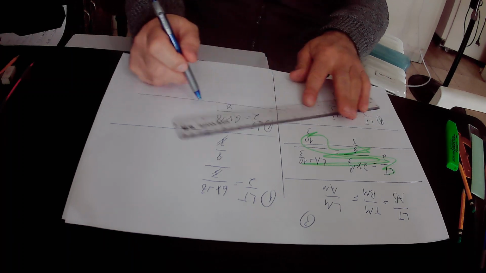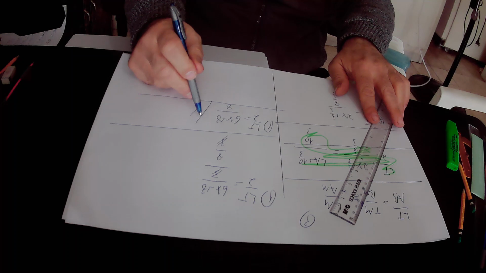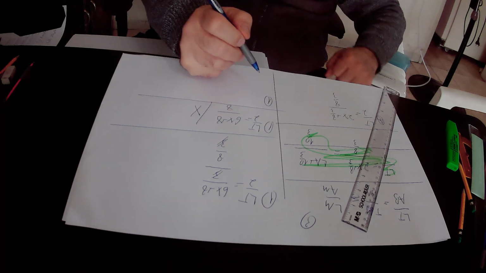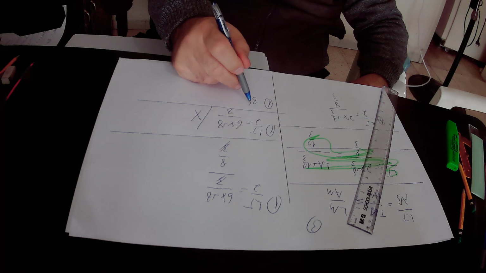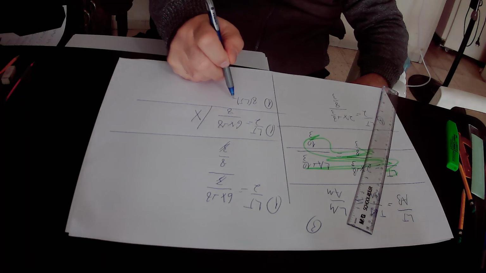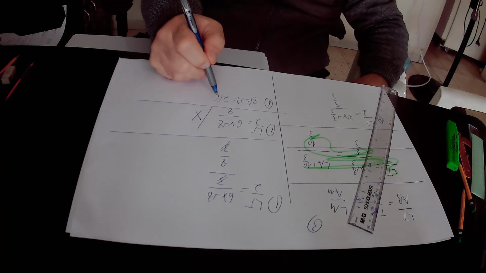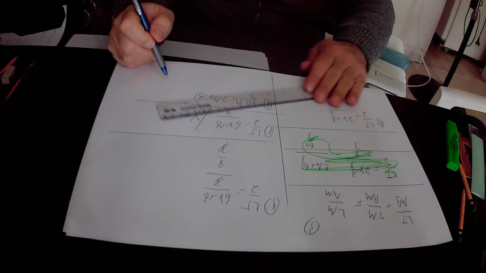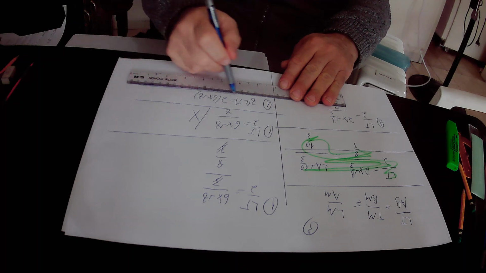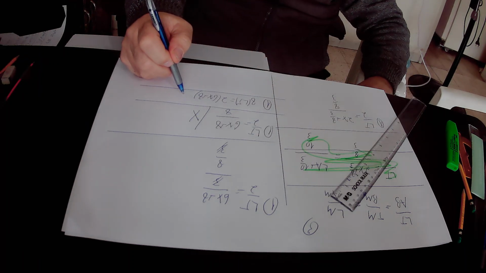Here we cross multiply equation 1, and we get that 8 times LT equals 2 times 6x plus 8. Here we divide equation 1 by 2.